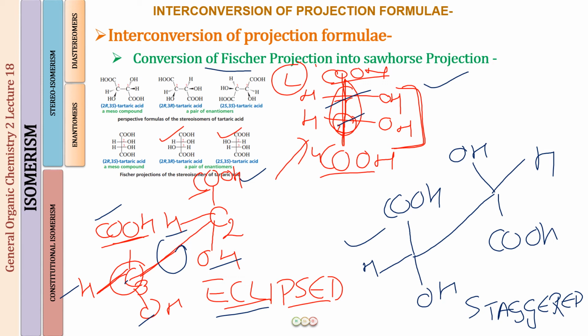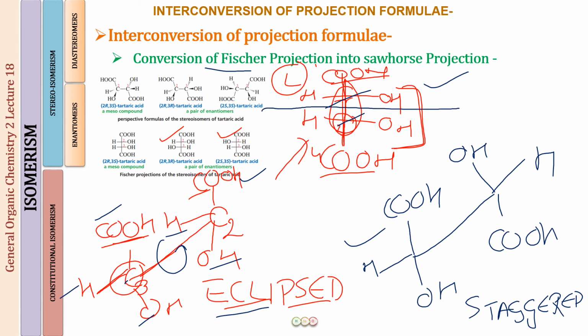We have studied about the elements of symmetry. If any element of symmetry, that is the plane of symmetry or the center of symmetry, is present in the molecule, we say that it is going to be optically inactive. And in a Fischer projection, whenever we have a meso compound, you can see a plane of symmetry. Right?